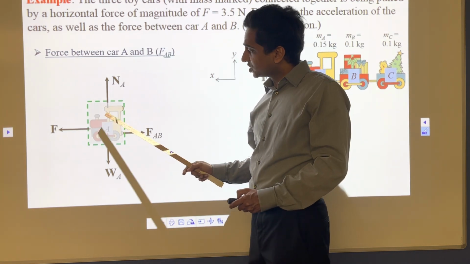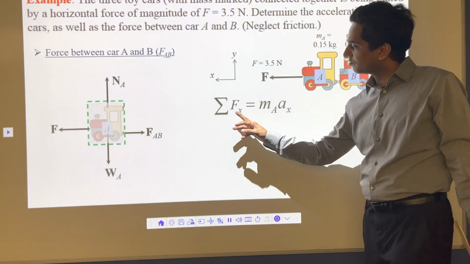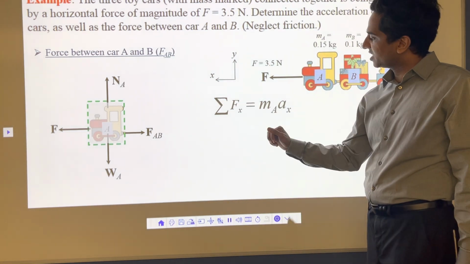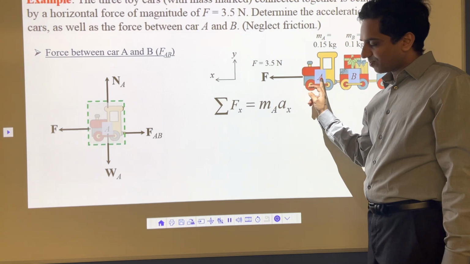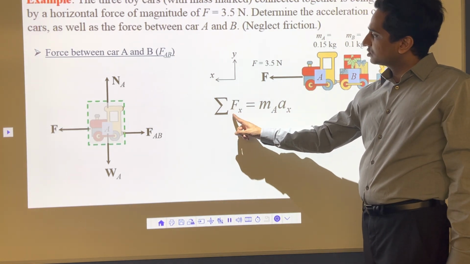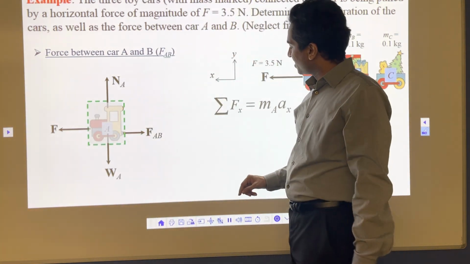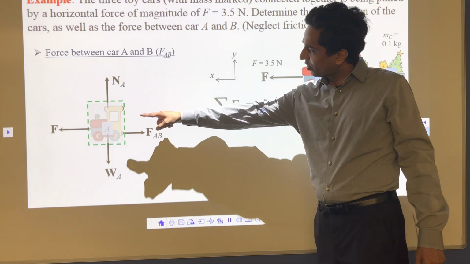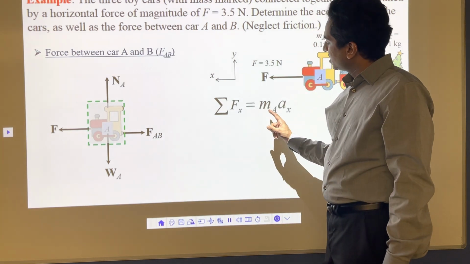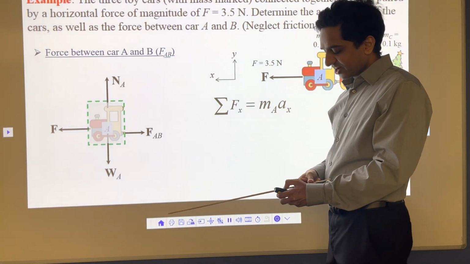So now just for this block A, I'm going to apply my equation of motion. Summation of all forces in x direction on block A is equal to ma, mass of my block, into acceleration 10. I know that. So here forces will be F positive minus FAB, that's 3.5 minus FAB, is equal to 0.15 into 10, and then that's how we can calculate.